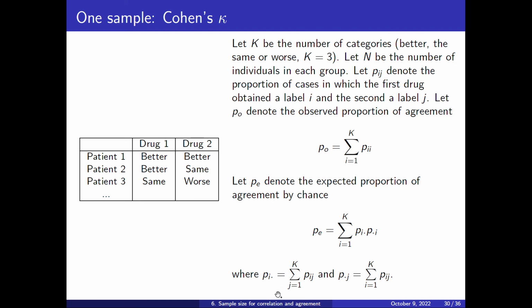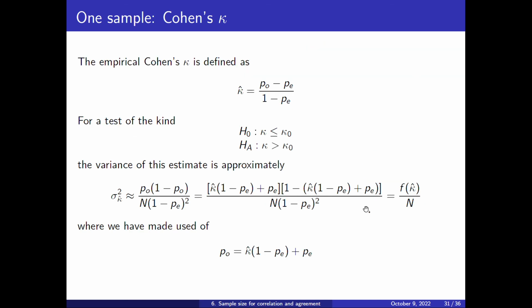So we add those three proportions, and we multiply these two expected proportions, and this would be the expected value of agreement just by chance. Okay, so the Cohen's kappa is defined in this way, and our test is of this kind.